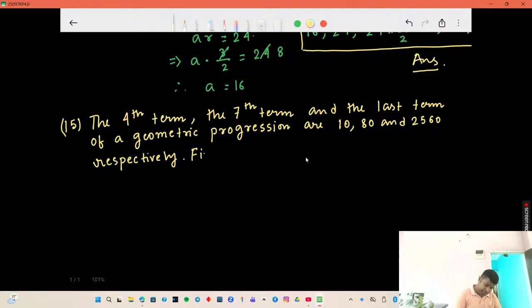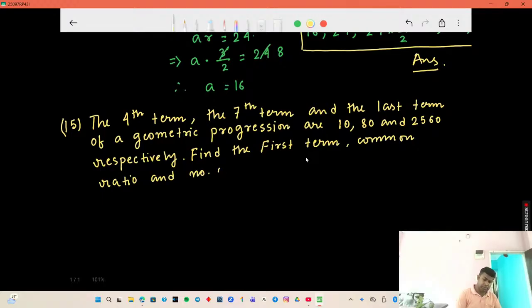Find the first term, common ratio and number of terms.